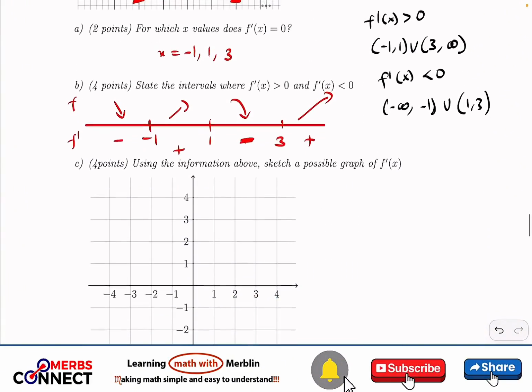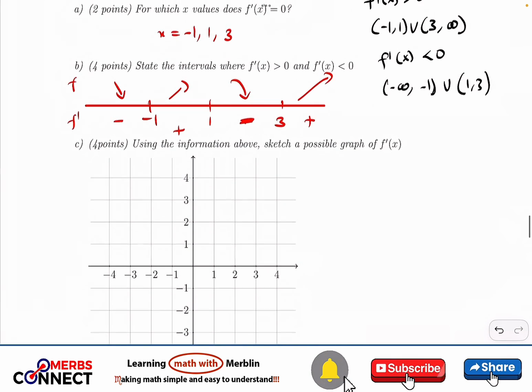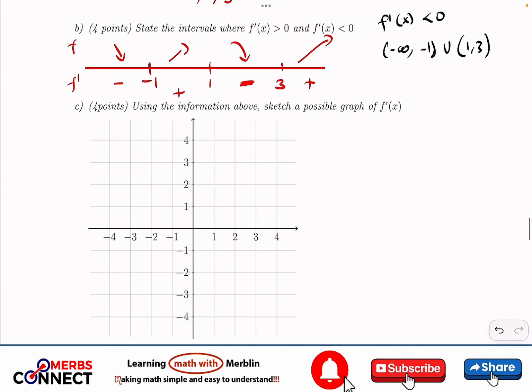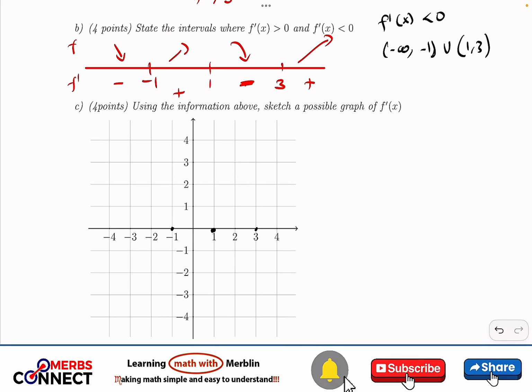So let's see what is happening here so that we can sketch the graph nicely. We can see that the graph is decreasing here. At minus 1, f prime is minus. So we are going to have minus 1, 1, and 3 from the critical values here.